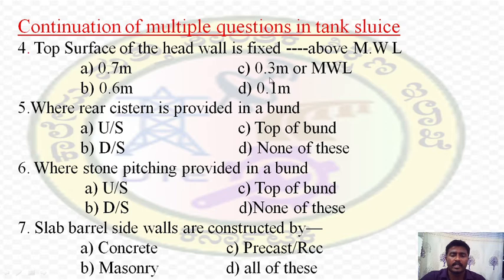Answer is 0.3 meter or MWL. The top surface of edge wall is fixed 0.3 meter above maximum water level.